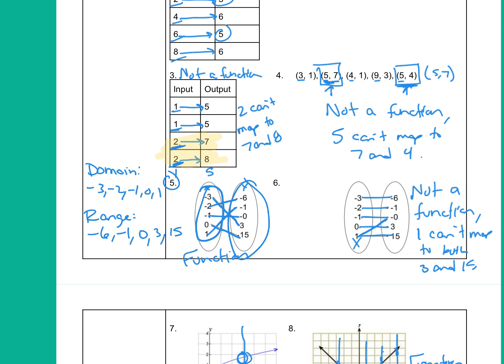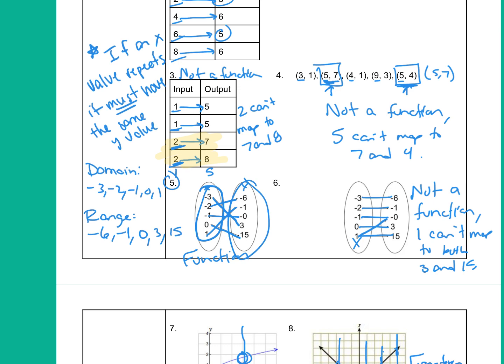And then we're going to do one other little definition here to remind ourselves of what a function is. So here's a good way to think about it. If an x value repeats, it must have the same y value.